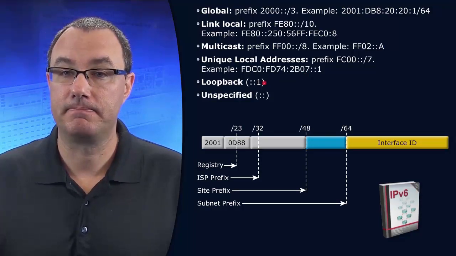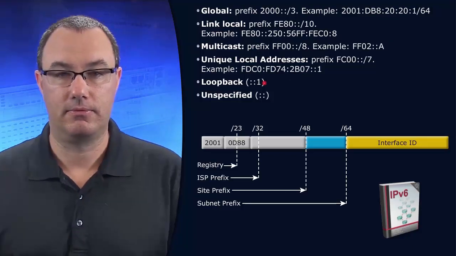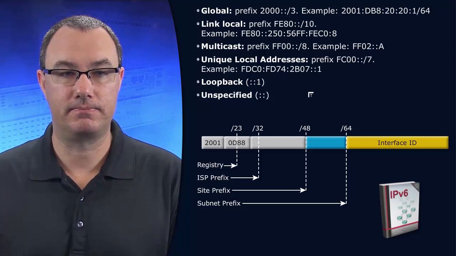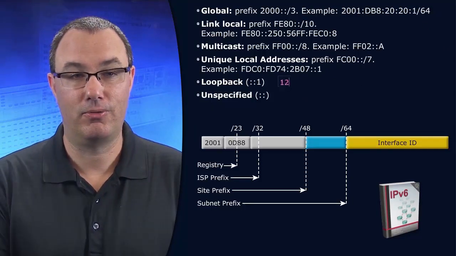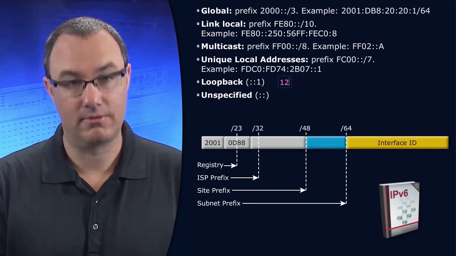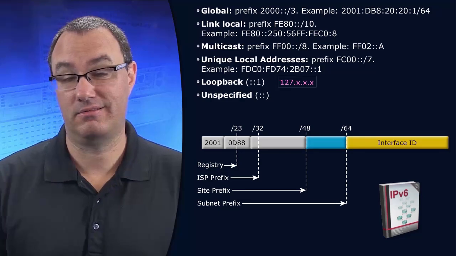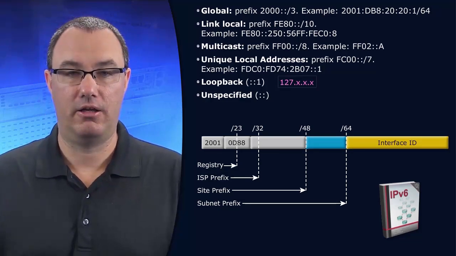Loopback. What is the IPv4 loopback address? Do you remember what that one is? IPv4 loopback is 127 dot anything. It's not just 001, it's anything. So we have the equivalent.